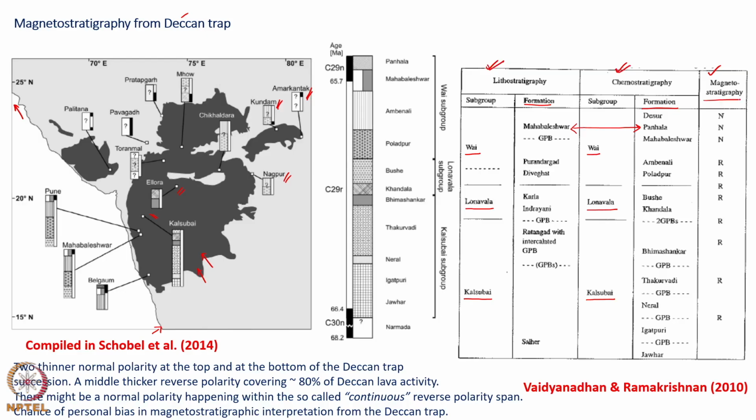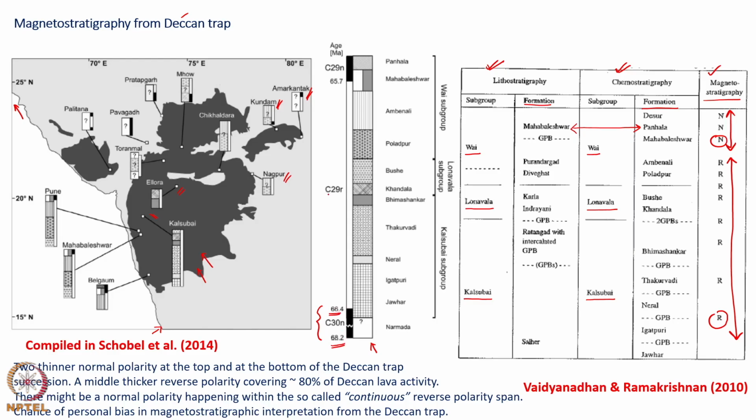In case of magnetostratigraphy, R stands for reverse polarity and N stands for normal polarity. So, this is a zone of normal polarity and there is a very long zone of reverse polarity. Looking at this bar diagram, C30N has been marked within the Deccan Trap rock from 68.2 to 66.4 million years.